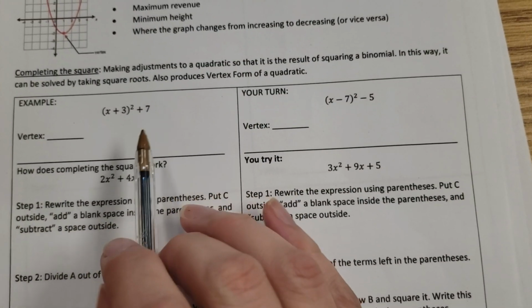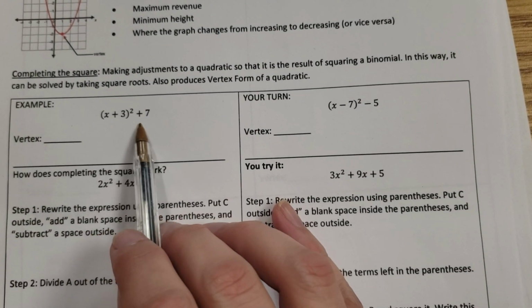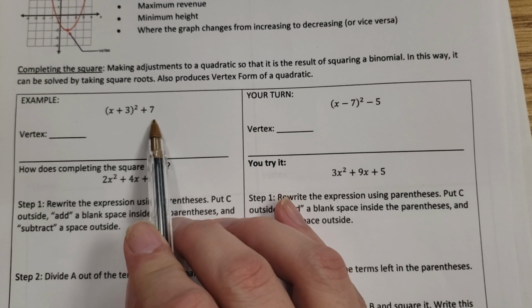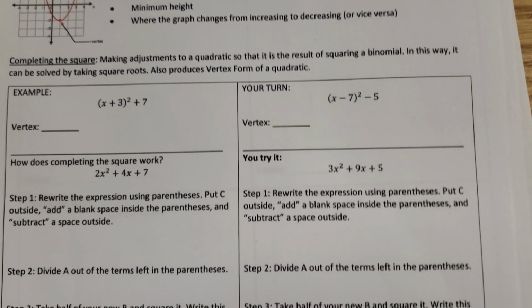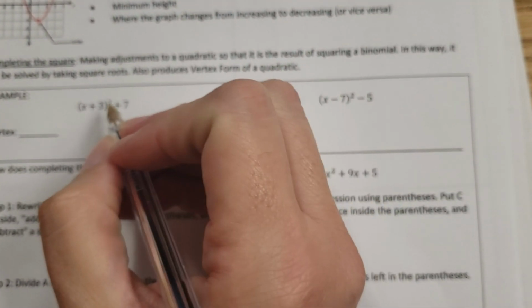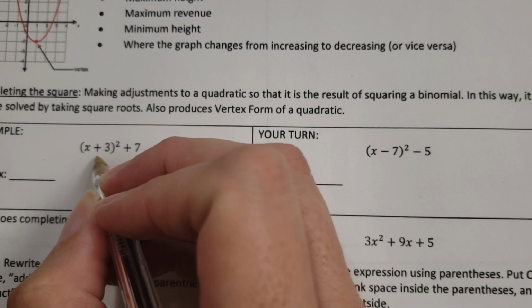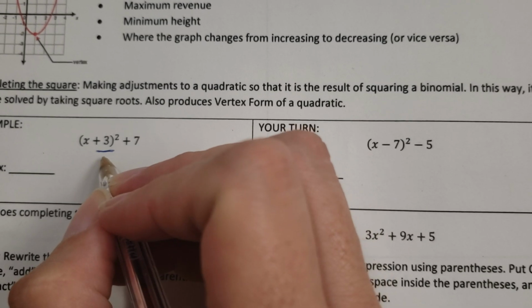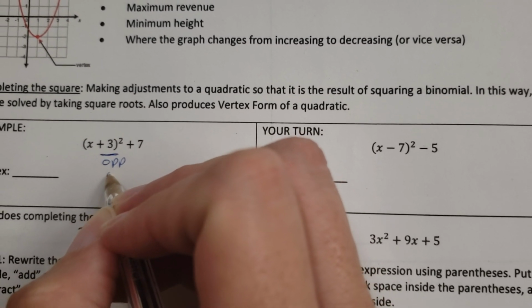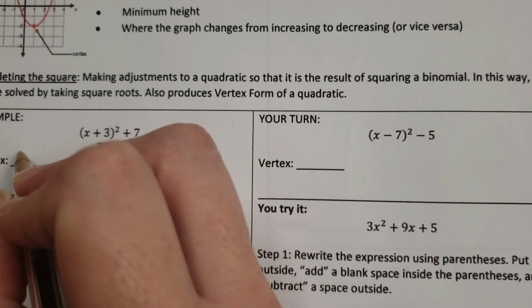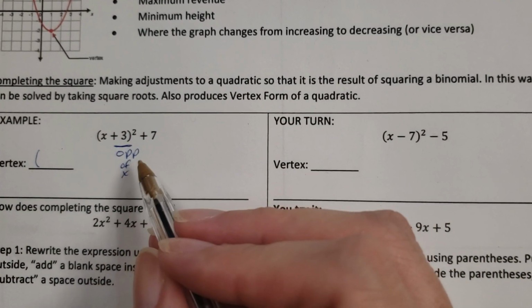If you have your equation or your expression in vertex form, the coordinates of the vertex of that graph are right there in the equation or in the expression. So this number right here is the opposite of the x coordinate in your vertex. So this number is +3.